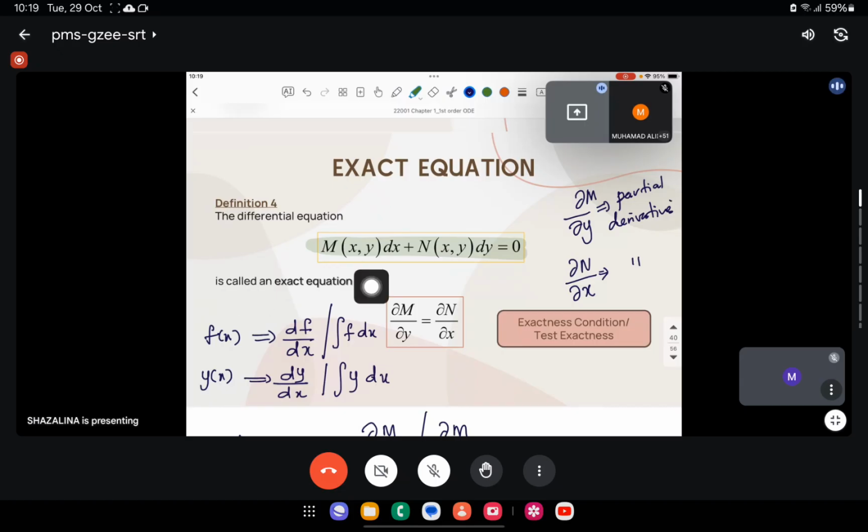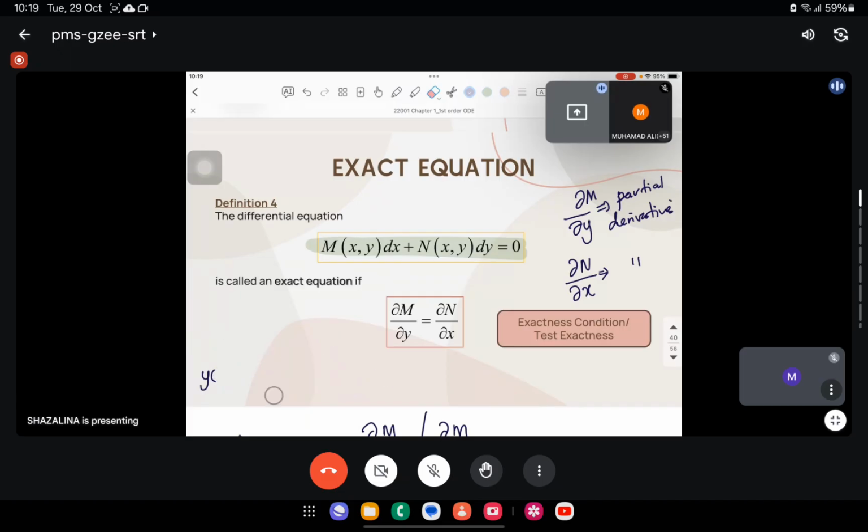So we can test for exactness. The one in the box we call the exactness condition. The exact equation can be tested. To identify the exact equation, you need to test by differentiating M with respect to y and making it equal to differentiating N with respect to x. You differentiate M with respect to y, and N with respect to x.